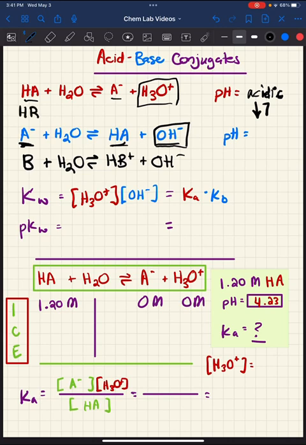I'll write that above. HB plus H2O would produce B and H3O plus. So we can really use these interchangeably, however we want to assign our symbols for a weak acid or a weak base.